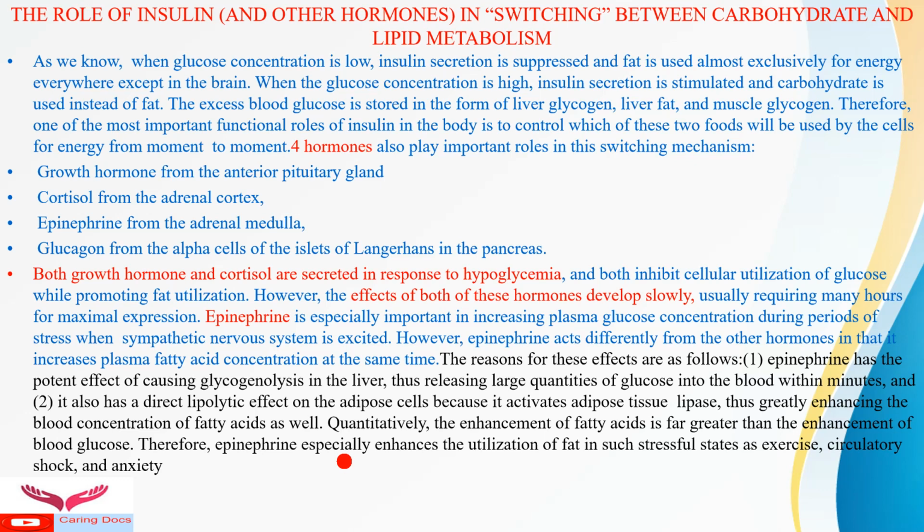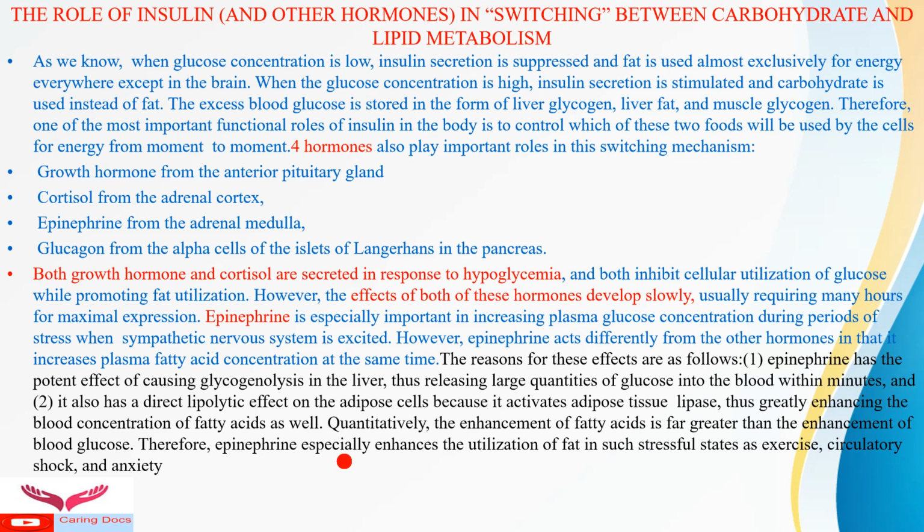Growth hormone and cortisol are secreted in response to hypoglycemia, and both inhibit cellular utilization of glucose while promoting fat utilization. However, the effect of both these hormones develops slowly and usually requires many hours for maximal expression.